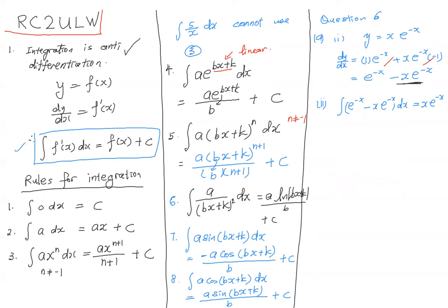So now, when we talk about integration rules, if you have plus and minus, you can split it, correct? So I can split this into 2 parts. Please remember to write the dx after you split.